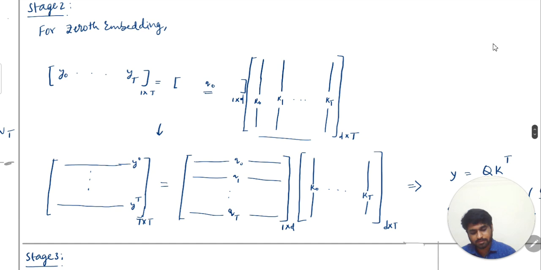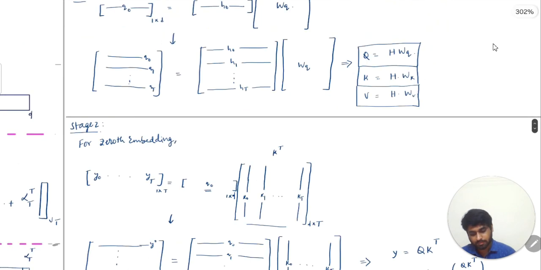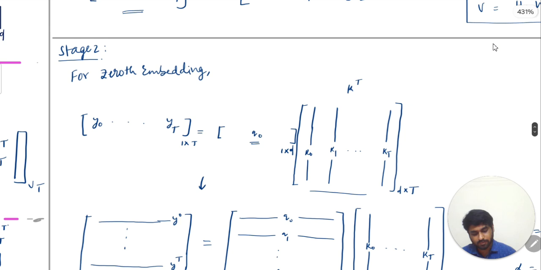This is the K matrix transposed. K0 to KT will be arranged in a horizontal fashion, because if we want it in a vertical fashion, take the transpose of it. Upon multiplying Q0 with K transpose, you get the Y0.